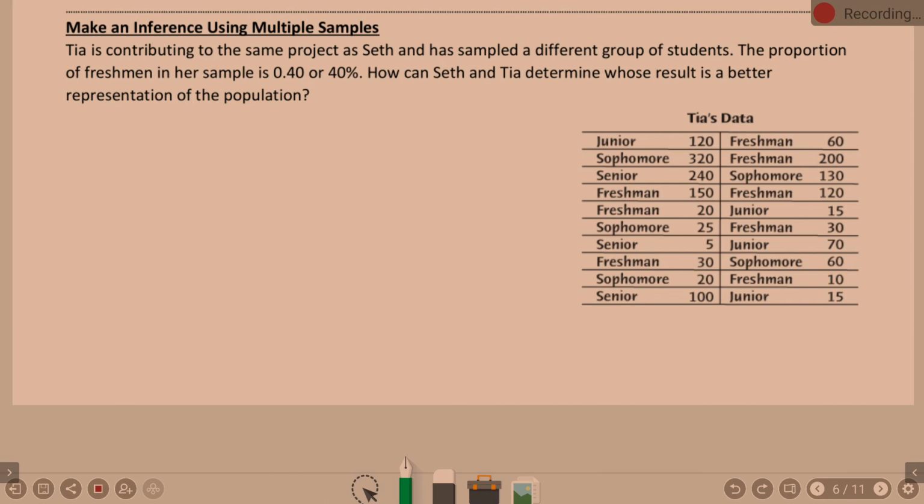Okay, so if we don't have enough information right now at our fingertips, which I could agree, we don't really know right now, what could Seth and Tia do? Combine it to make it 40 people?